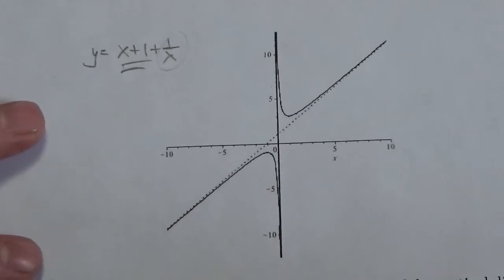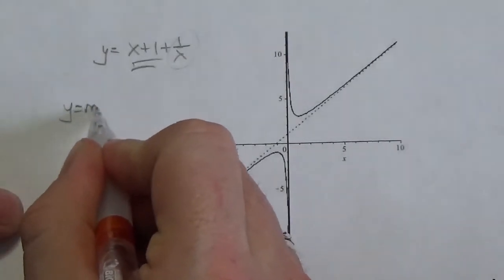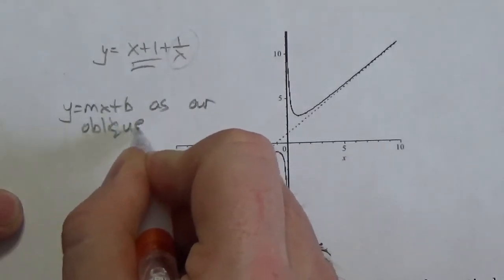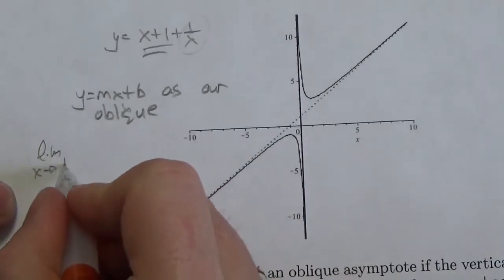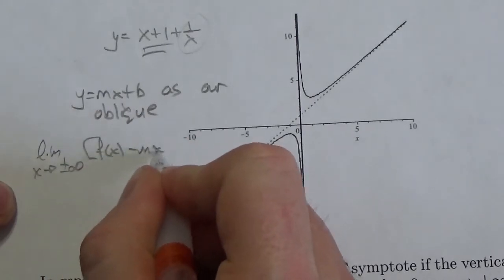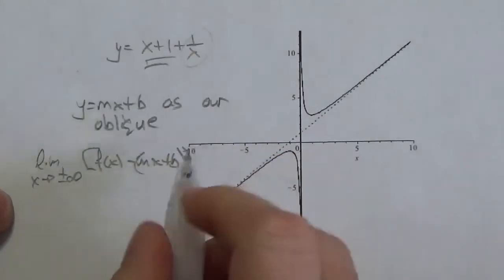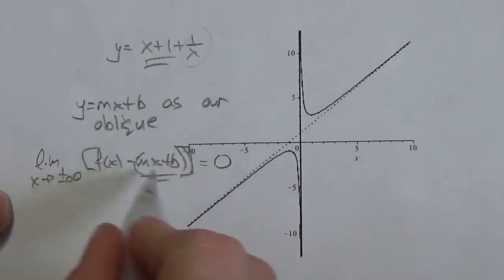Now there's maybe a little bit more that could be said, being a little bit more rigorous. Okay? I could write in that if I wanted to define y equals mx plus b as our oblique asymptote, then it would be true that as the limit as x goes to positive or negative infinity, if I was to take the original function and subtract (mx plus b), with brackets around that, if that is my oblique asymptote, then as I go to infinity, that difference becomes 0.